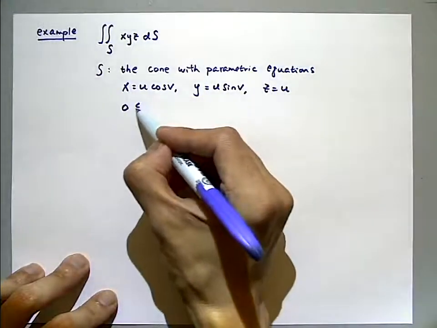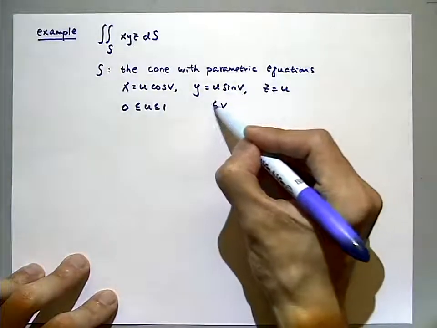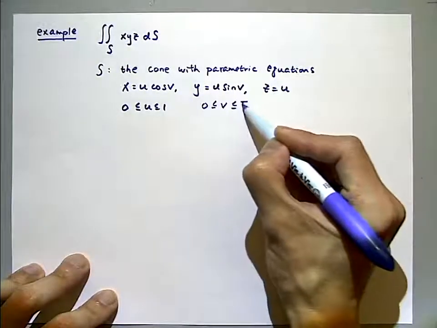Now we're going to bound u between 0 and 1, and v between 0 and pi over 2.